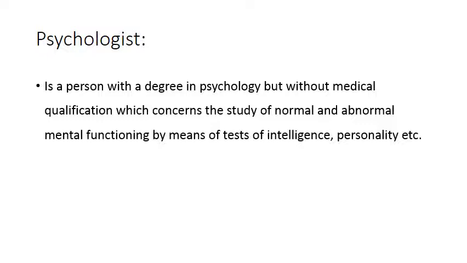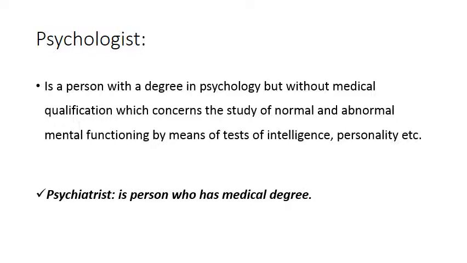That means to say that it is not a medical degree, but he has got a degree in psychology subject, and this concerns with the study of normal and abnormal mental functioning of a person, and this can be tested by various tests of intelligence or personality, etc. But a psychiatrist is a person who has a medical degree. He is trained in medical science of psychiatry, where he can use his medical knowledge in the treatment of mental illness.